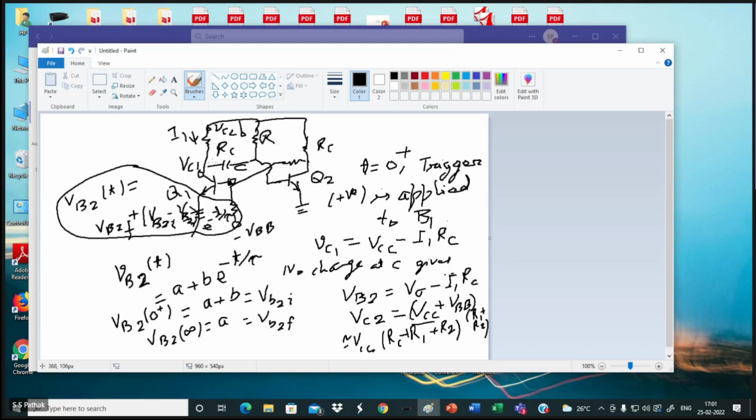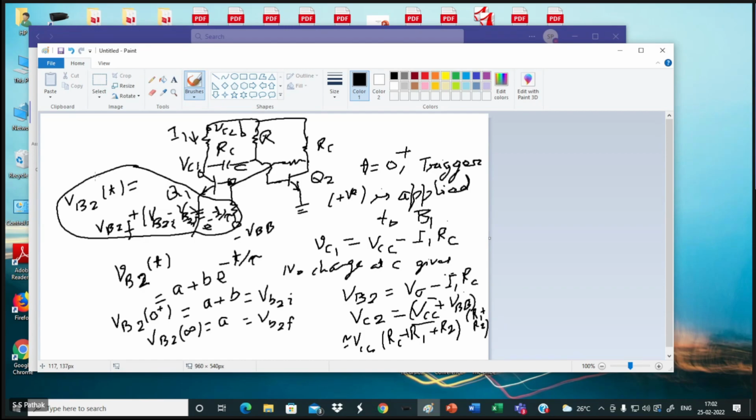So it is in a stable state, e to the minus t by tau is increasing the voltage here. Earlier it was VCC minus I1 RC. So now, V sigma minus I1 RC. Now it starts growing slowly, exponentially with this equation. Okay?